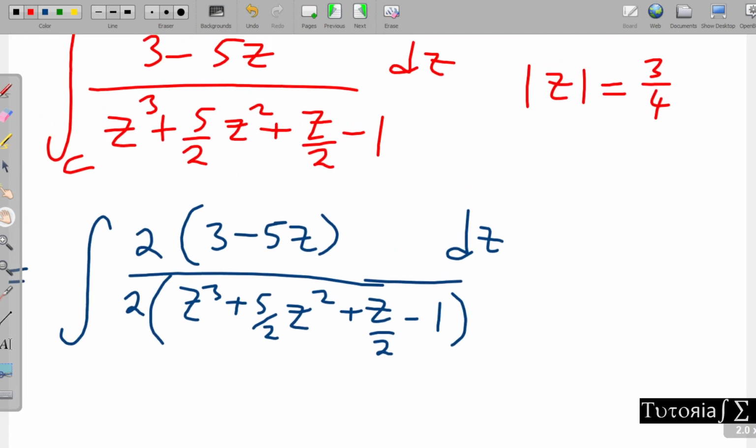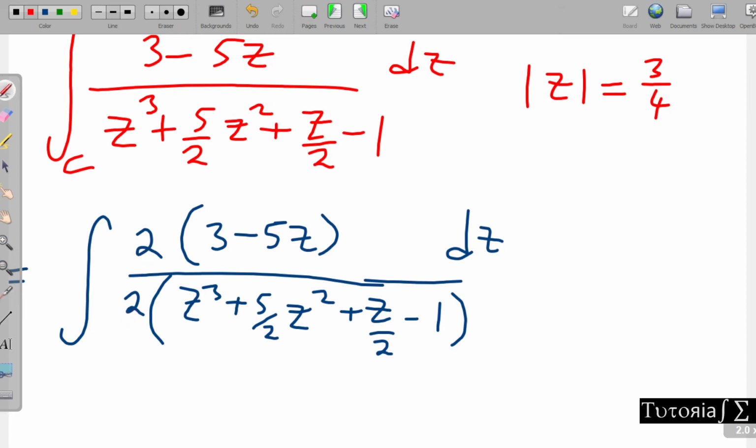So what we want to do is get rid of these fractions down here, but we don't want to change the meaning of the statement. So we introduce a 2 on top and a 2 at the bottom, because we've not changed anything. This and that cancel out.